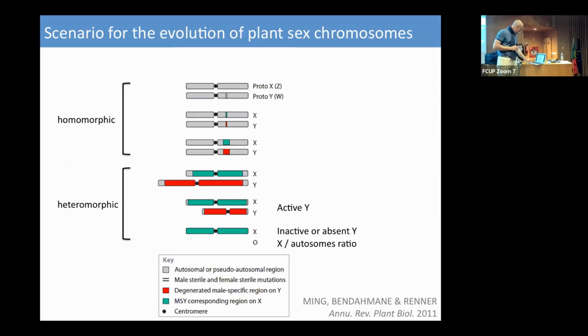They become different, and the X chromosome is not recombining in males, but it's still recombining in females. The Y chromosome is not recombining at all, and it degenerates because of that. First, it grows very large because it accumulates transposable elements, and then it tends to lose genes and become very degraded, and it becomes shorter than the X chromosome, and it can even disappear.